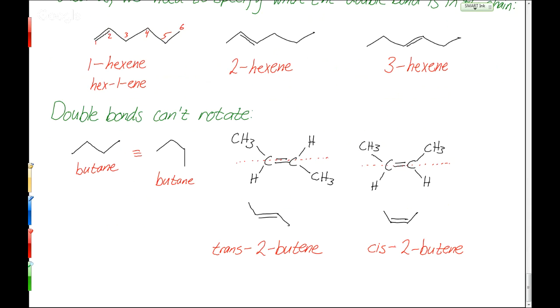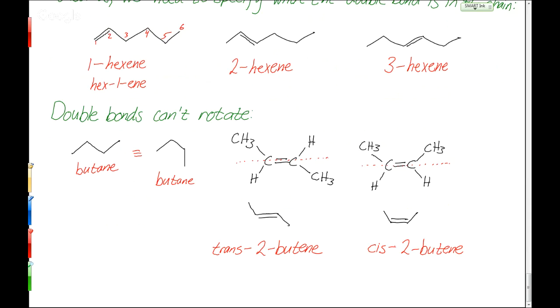So trans means opposite, cis means same. So if they're on opposite sides of that line, we call it the trans isomer, and if they're on the same side, we call it the cis isomer. And that doesn't happen with single bonds. Actually, it doesn't happen with triple bonds either because they're straight. Only happens with double bonds.